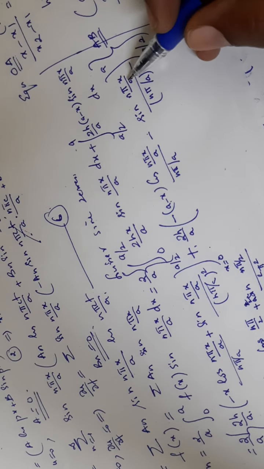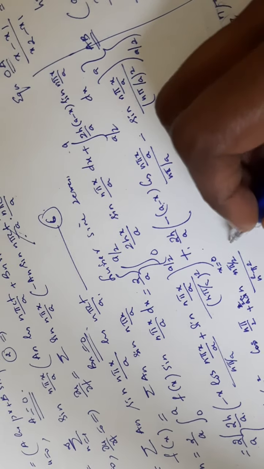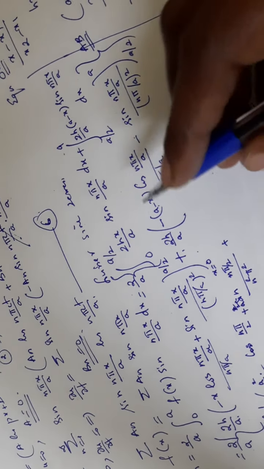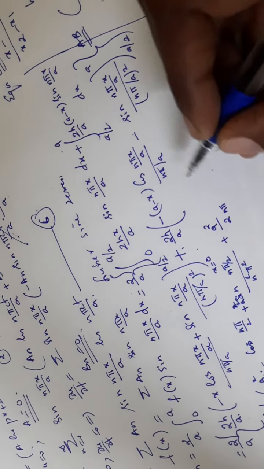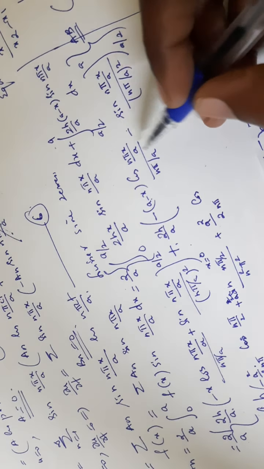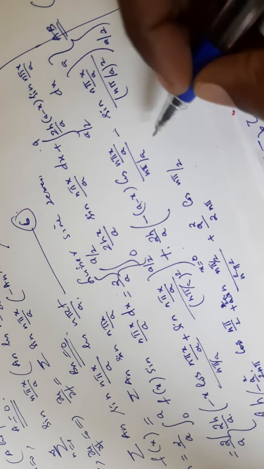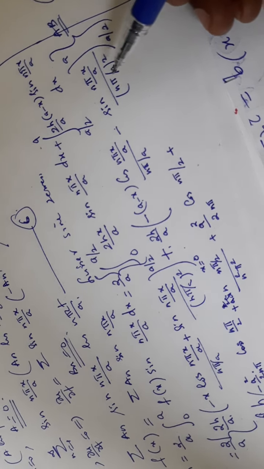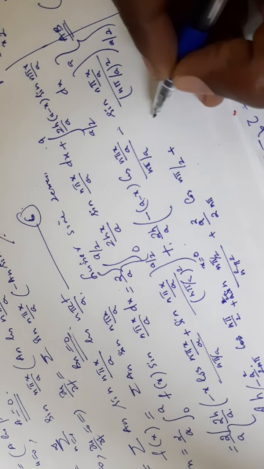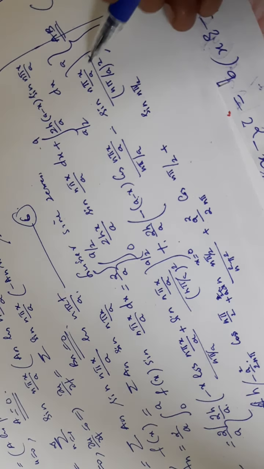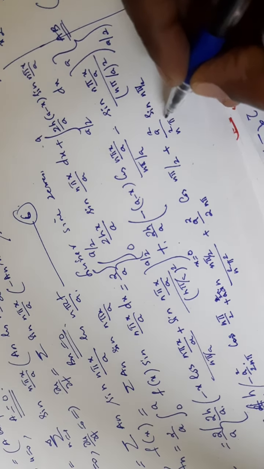Here also sin n pi is 0. So this cancels. Giving a by 2, minus the lower limit, so this becomes plus. a minus a by 2, a by 2 into cos n pi by a, so cos n pi a by 2, so cos n pi by 2. Now giving the limit here, minus minus becomes plus, sin n pi by 2 itself comes. a by a cancels, by 2 remains, a square by n square pi square.